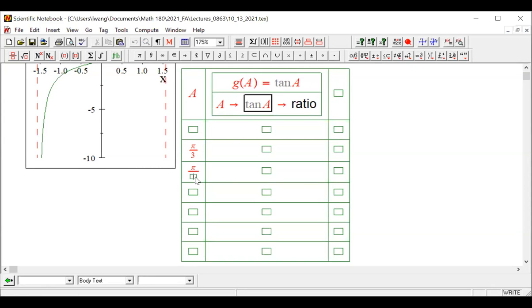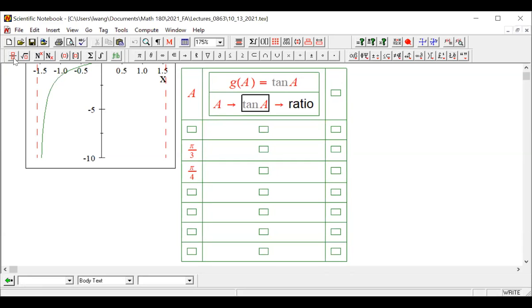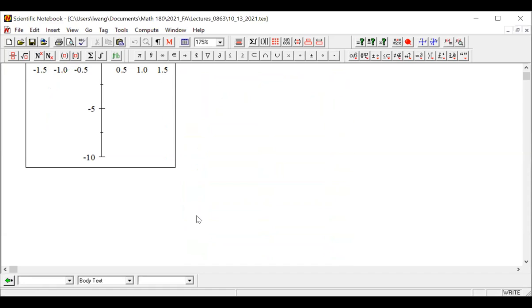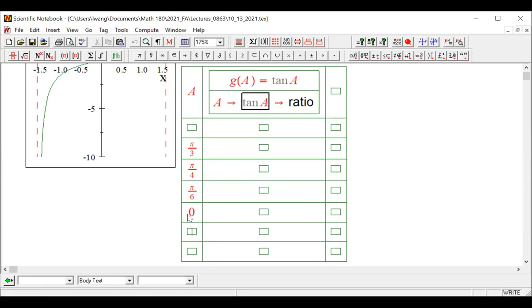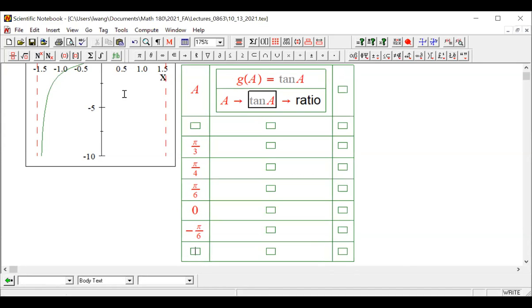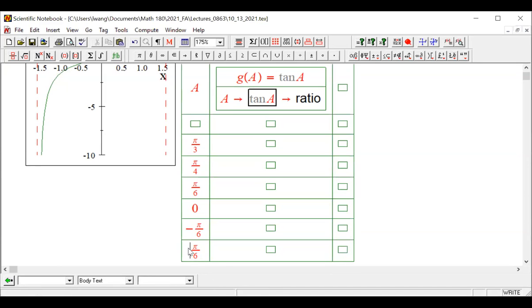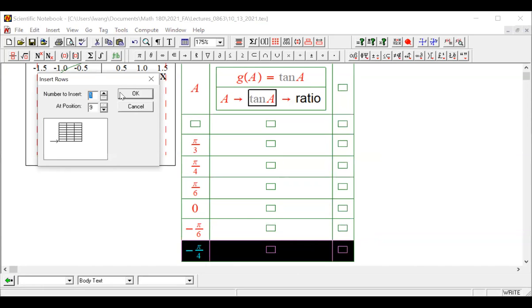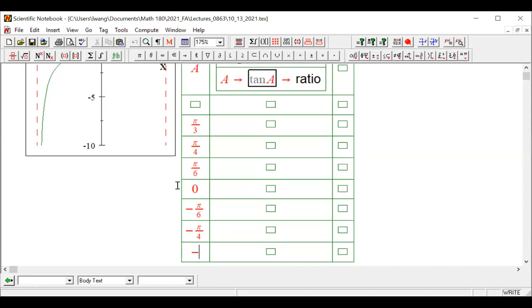Pi over 4, pi over 6, then 0, and then negative pi over 6, negative pi over 4, and one more, negative pi over 3.